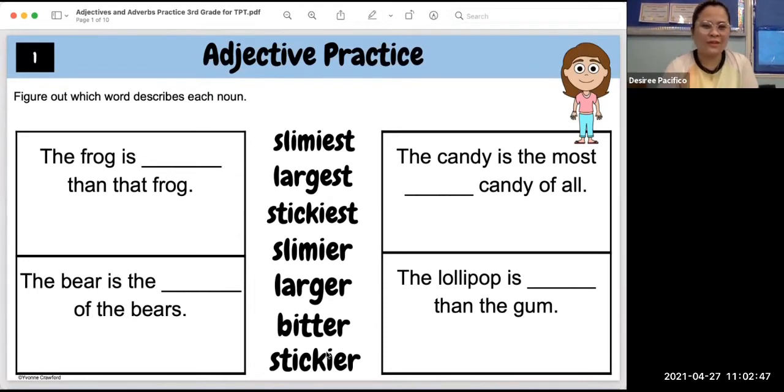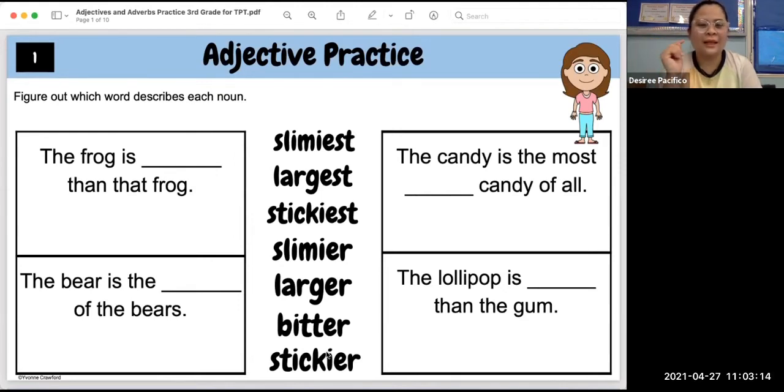We have here four sentences. Now remember, you use comparative adjectives if you are comparing two items, and you use superlative adjectives if you compare multiple items. When you use a comparative adjective, you add er, and if you use a superlative adjective, you add est.